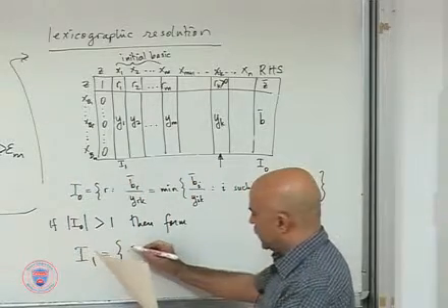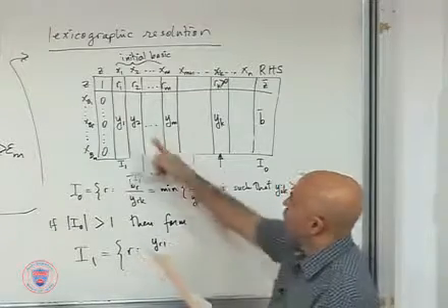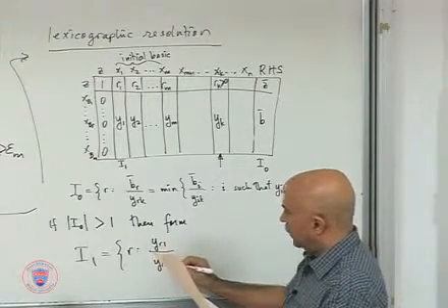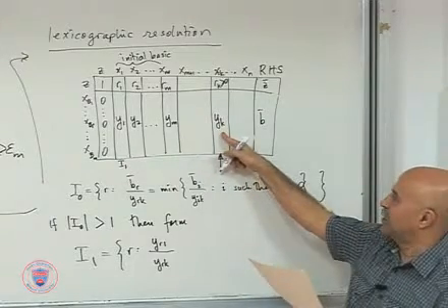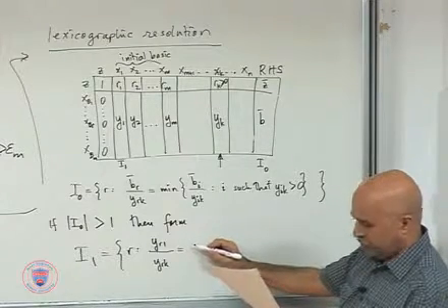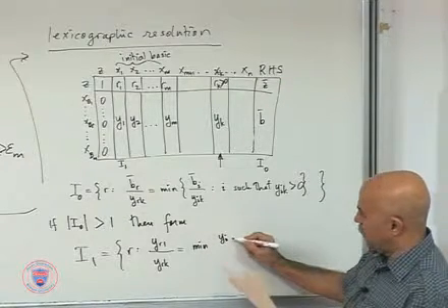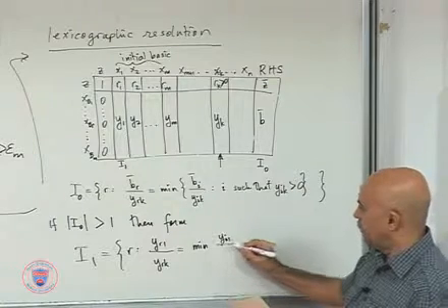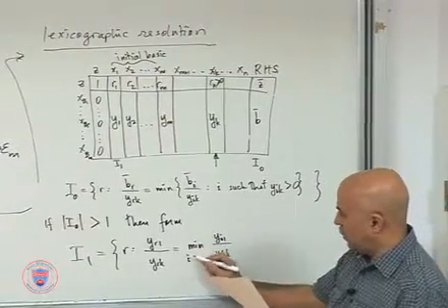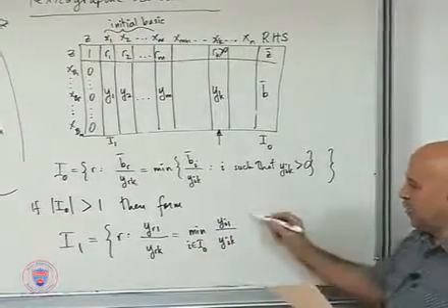I1 is the set of row indices such that YR1, the element coming from column 1, divided by YRK, the element that comes from column K, is a minimum ratio over those row indices I, YI1 divided by YIK, where I is restricted to the initial tied elements, I belonging to I0.